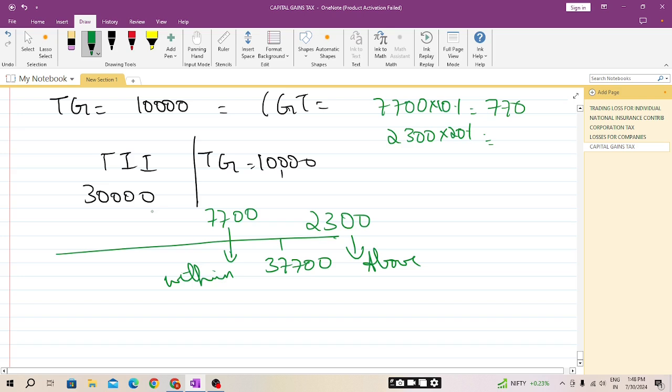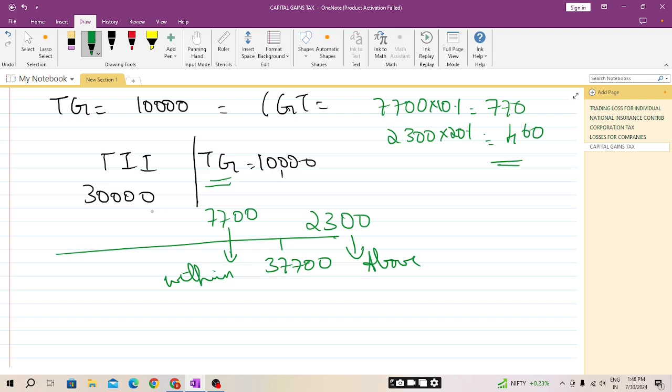I hope the calculation of CGT is clear. How will we calculate? We need to see the tax band, students, and taxable income. After the taxable income, the taxable gain will be treated as the top slice of income, and then we need to see in which limit the taxable gain is falling. If it is above the basic rate limit, direct 20%.